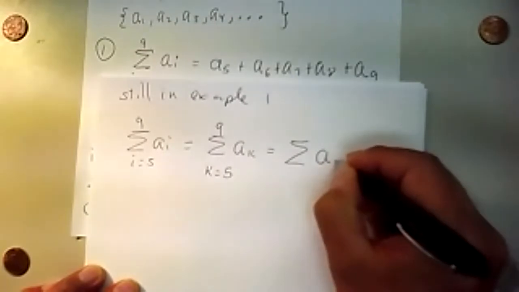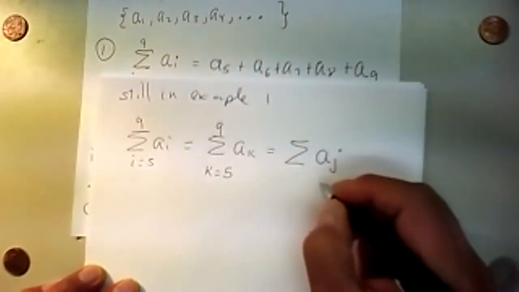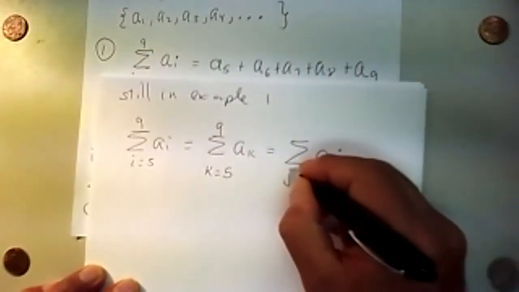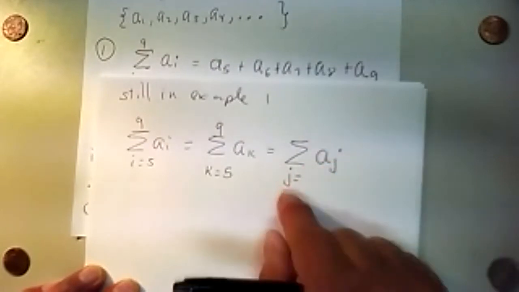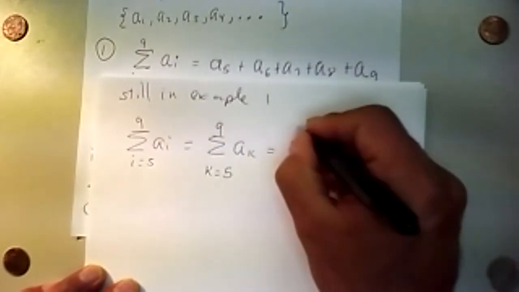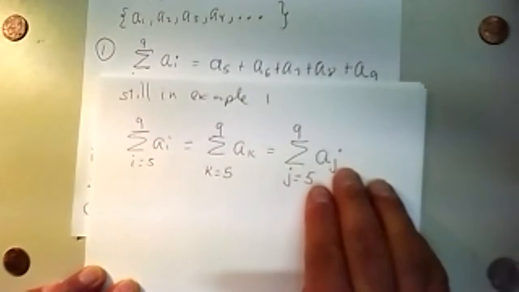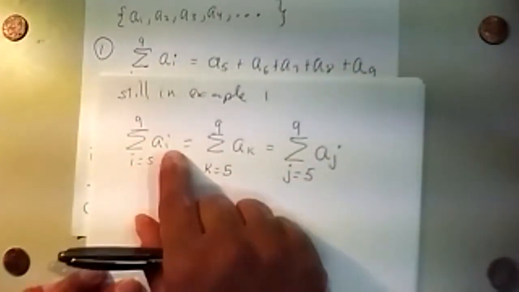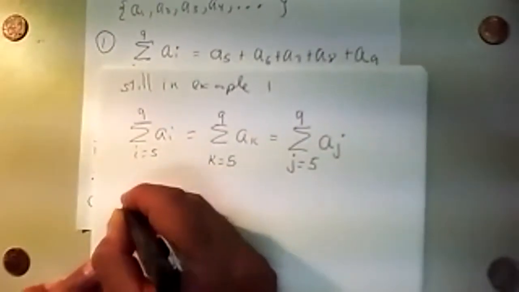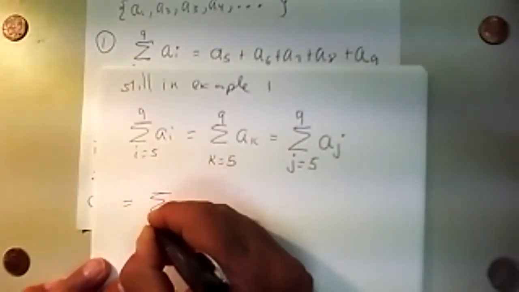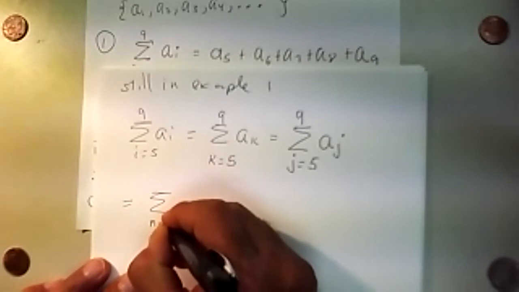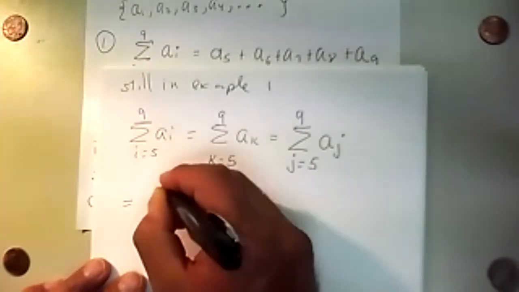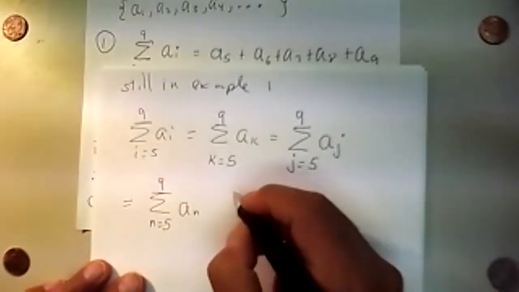A lot of people use J sometimes, but again, we have to start with J equals 5, and those are exactly the same thing. Do not get confused with the index. Some people even put N, from N equals 5, A sub N to 9, same thing.